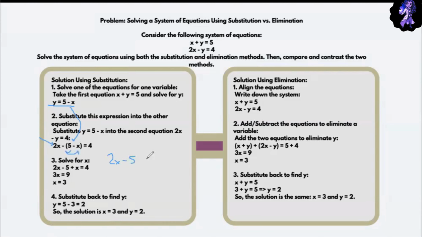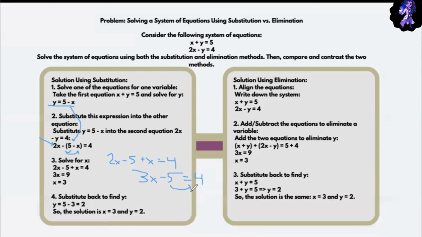Minus times minus is going to give you positive, so that gives you positive x equals 4. We're going to combine like terms at this point, and we have 2x and the x together. That's going to give you 3x minus 5 equals 4.